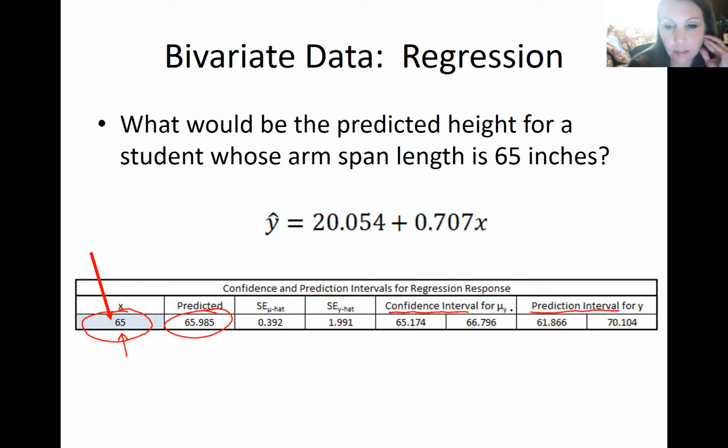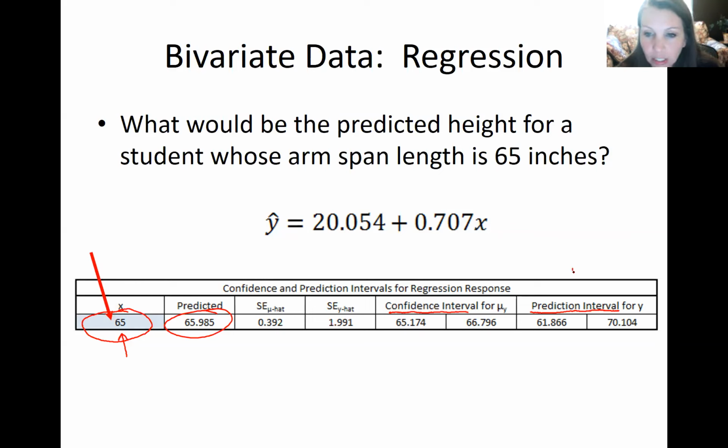The difference between these depends on whether you're looking at a prediction for an individual or for a mean response. The confidence interval is for a mean response. So what it would say is, on average, for all students whose arm span is 65 inches, we would expect the average height to be between 65.174 and 66.796.